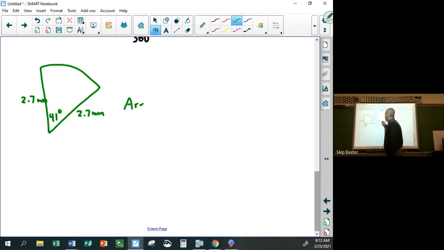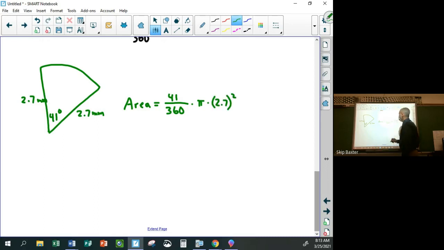The area would be 41 over 360. That's the fraction of the circle that we're including here. 41 over 360 times pi r squared. Pi times 2.7 squared. So they might say round your answer to the nearest hundredth or something like that.